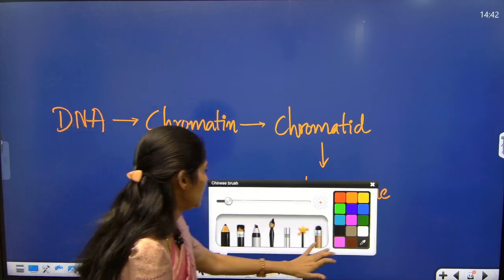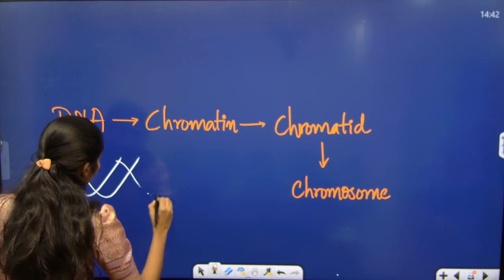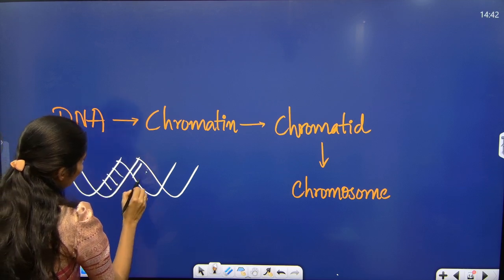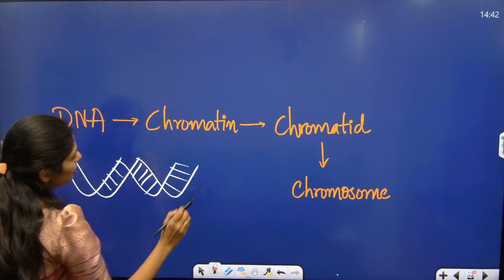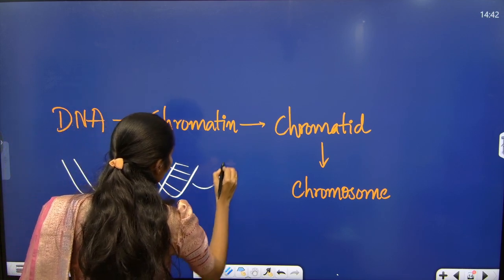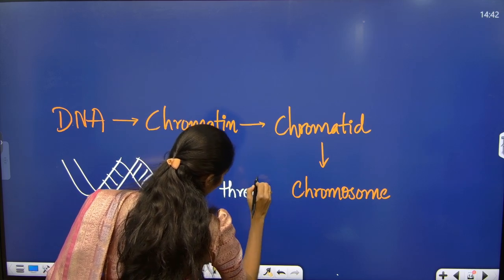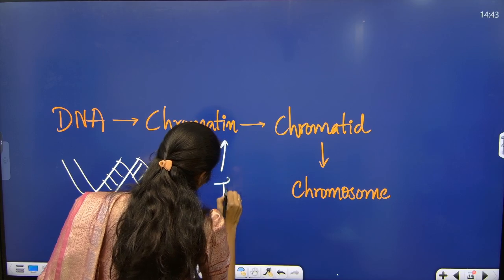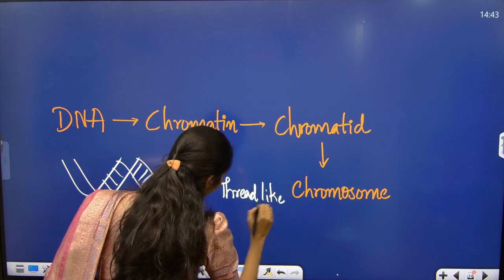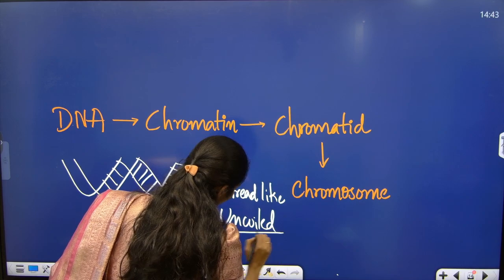So if you see, this is DNA, as we know, a double helical structure, where we have weak hydrogen bonds pairing the nitrogen bases. And chromatin is nothing but a thread-like, uncoiled DNA.